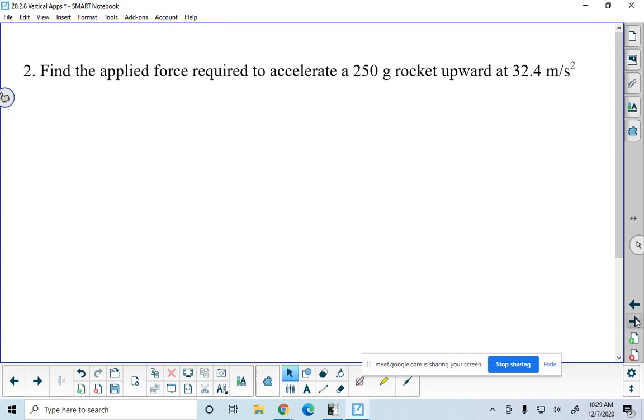All right. The next one: what's the applied force required to accelerate a 250-gram model rocket with an upward acceleration of 32.4 meters per second squared? So we've got a rocket.